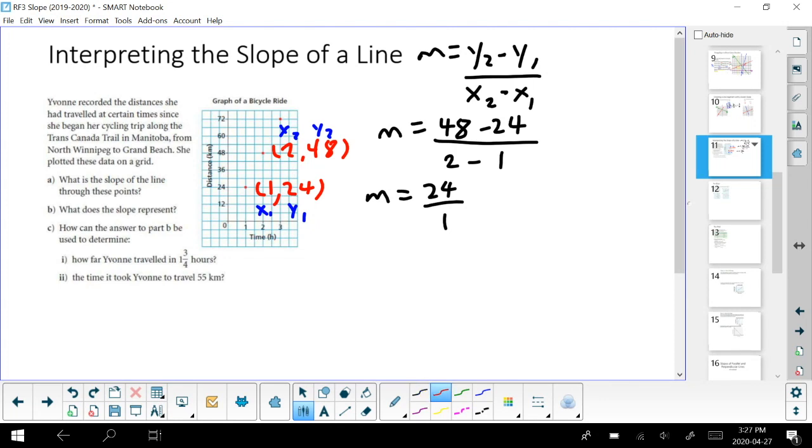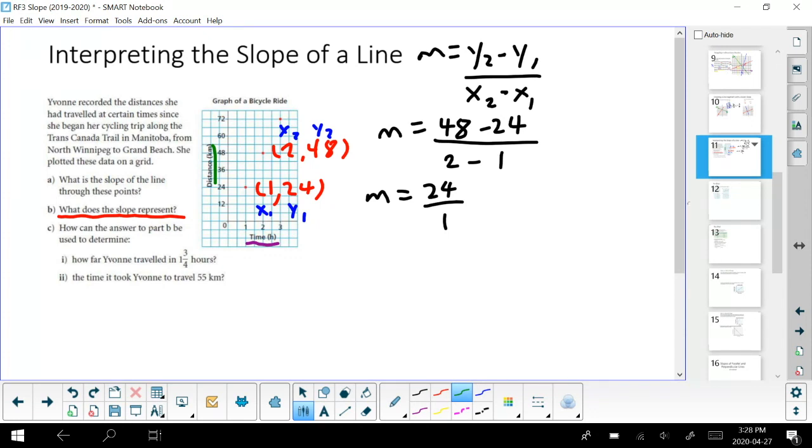The second question asks, what does the slope represent? Well, we know earlier that our y values, and we're going to be taking that from our graph, represent our distance in kilometers. We can compare that to our x values, which is really just our time. So we can go ahead and tag those units onto our slope.